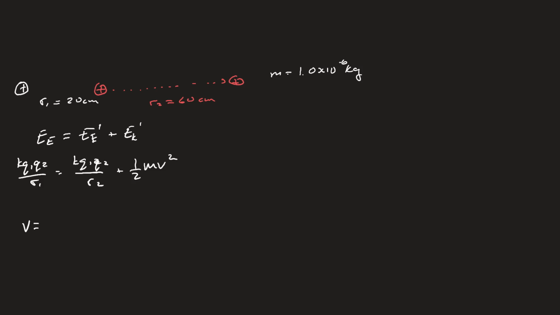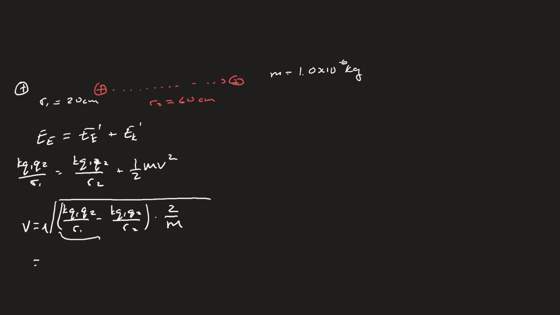Just like in a previous example, I can rearrange this entire equation, and what I'm left with is V is equal to the square root of K Q1 Q2 over R1 minus K Q1 Q2 over R2, times 2 over M. So by doing this, we have a whole huge equation that we can substitute into.